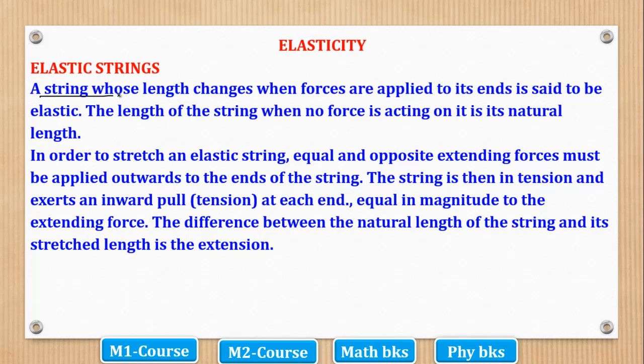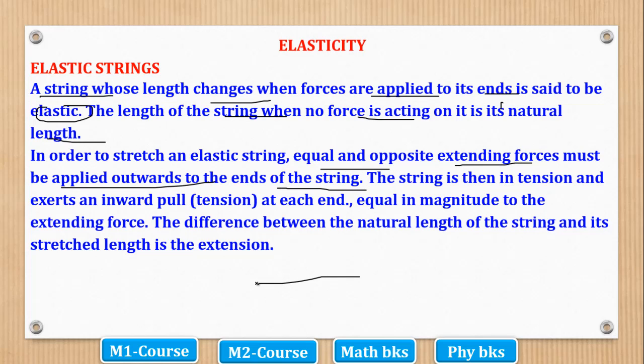A string whose length changes when forces are applied to its ends is said to be elastic. The length of the string when no force is acting is known as the natural length, or what we call original length. In order to stretch an elastic string, equal and opposite extending forces must be applied outwards to the ends of the string.